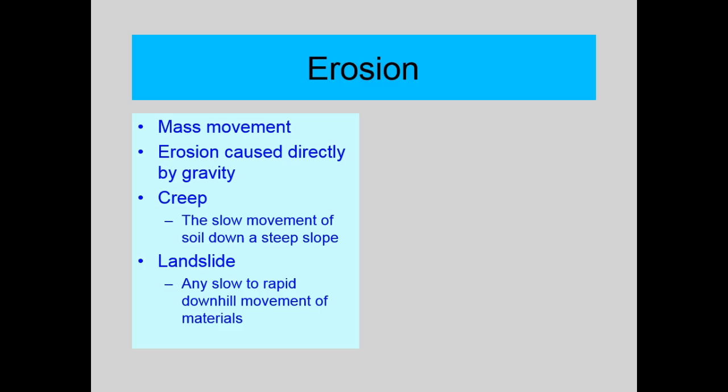Okay? Now, if it's moving more rapidly, that's called a landslide. Okay? Any slow to rapid downhill movement of materials. Now, when do landslides occur? Any clues, ideas, theories? When do landslides occur? When waves take place.